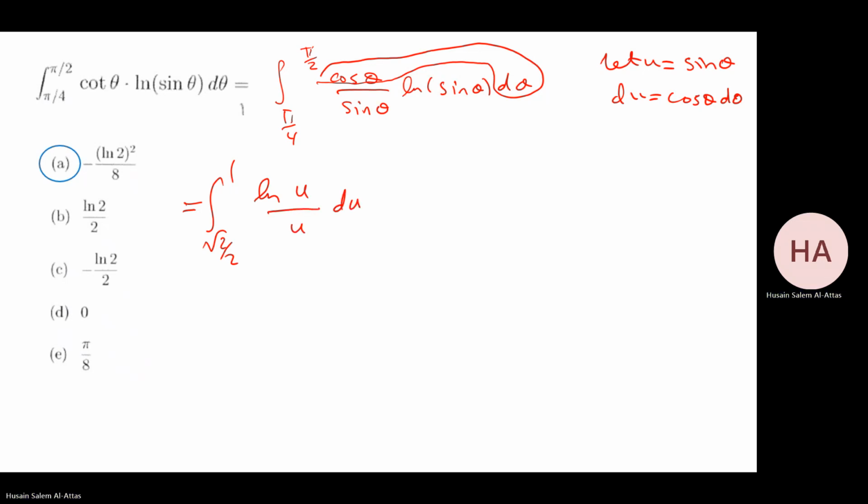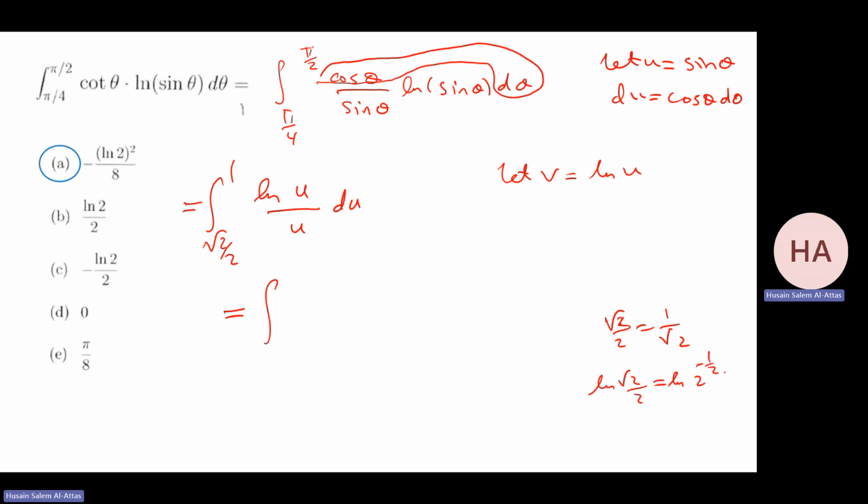Now, do it again. I let v equal ln u. So I'm getting what? Ln square root 2 over 2. You notice the square root 2 over 2 is 1 over square root of 2. We know that. So ln square root 2 over 2 will be ln 2 to the minus half.